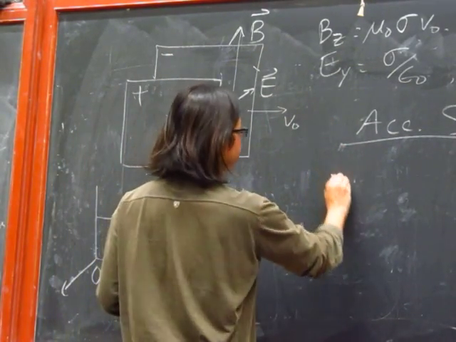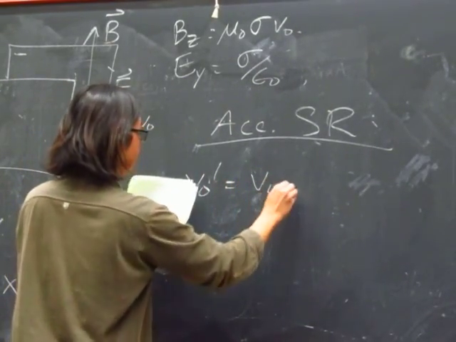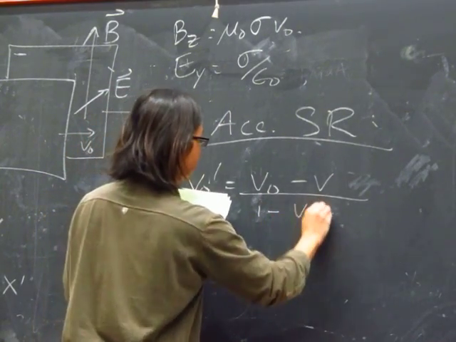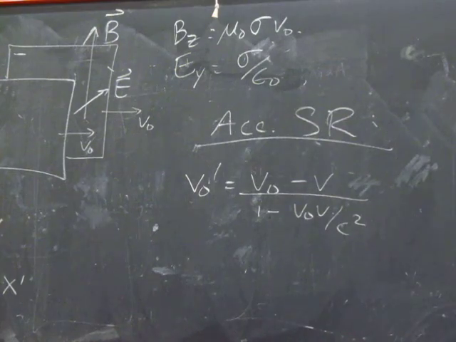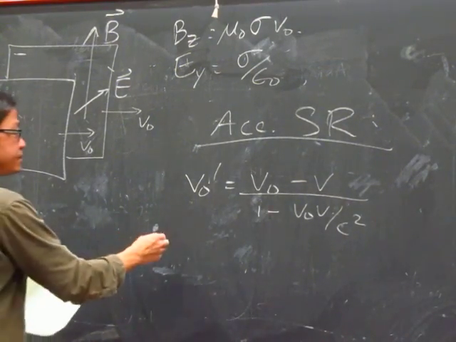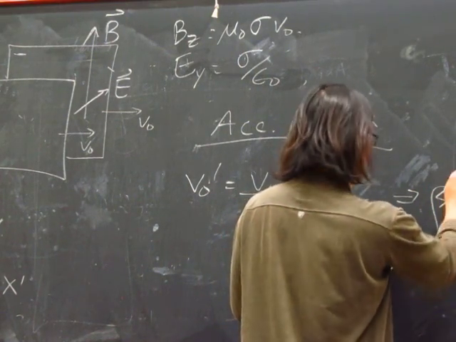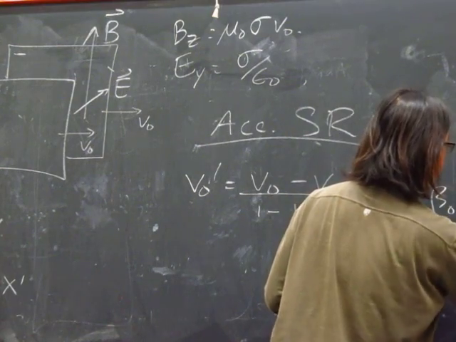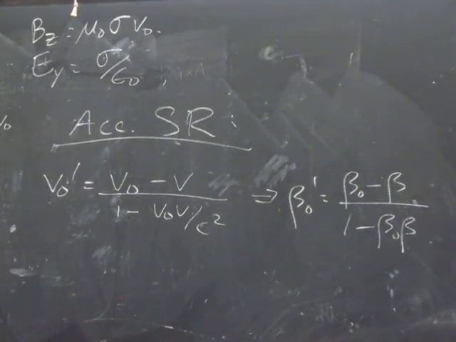The velocity V naught prime is just V naught minus V over 1 minus V naught V over c squared. Or if you want to express it in terms of beta, then beta naught prime equals beta naught minus beta over 1 minus beta naught beta. That's the velocity of this plate that Charlie sees.